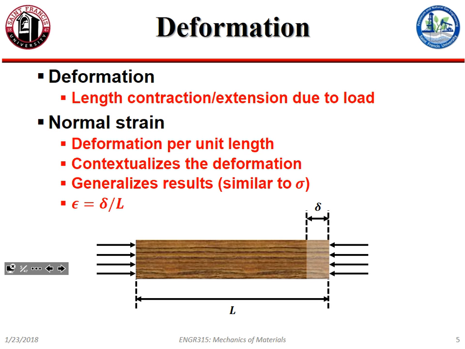The other's only been extended by 1/3 its own size. So we capture that in strain, which we write as epsilon. And epsilon, or strain, is computed by normalizing deformation by the original length of whatever the object is. This is at least for normal strain. So this is strain in response to a normal stress. You have a normal stress, you have a normal strain. Okay.